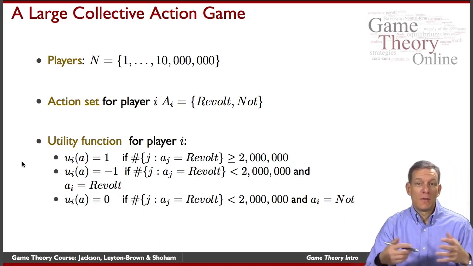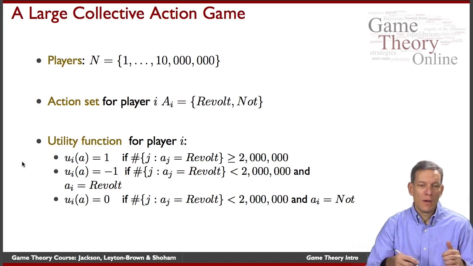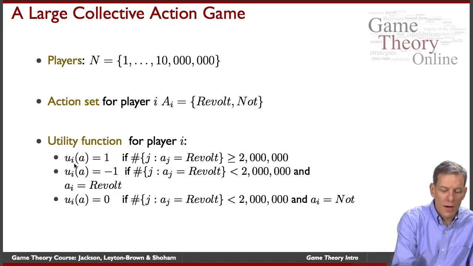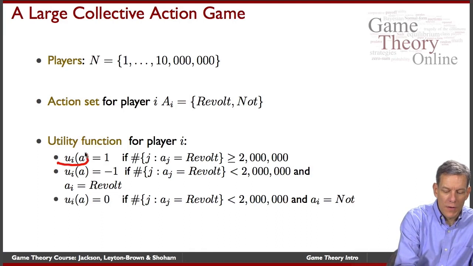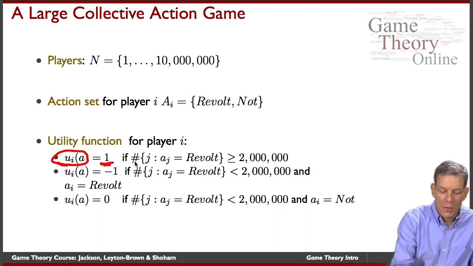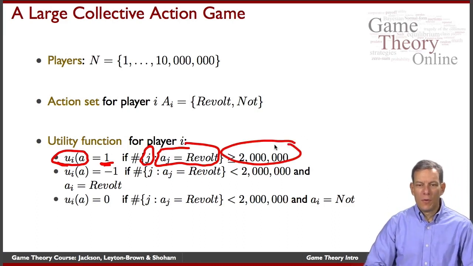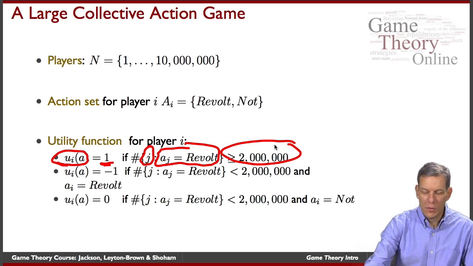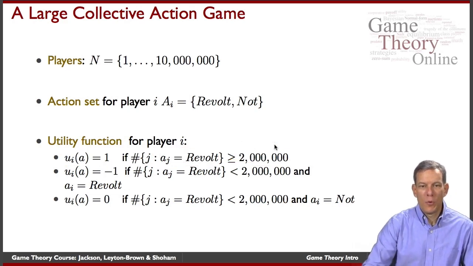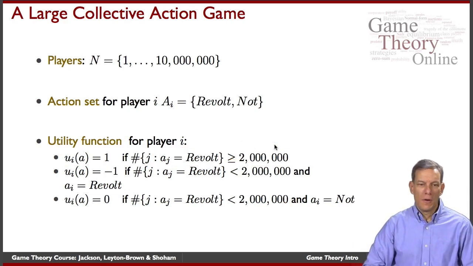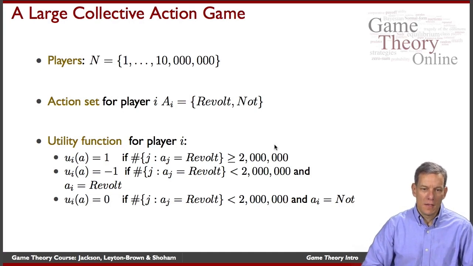We can represent a successful revolt as the player getting a payoff of 1. So u_i of the action profile a is equal to 1 if the number of players j such that they picked to revolt is at least 2 million. So if we end up with at least 2 million people revolting, then player i gets 1.